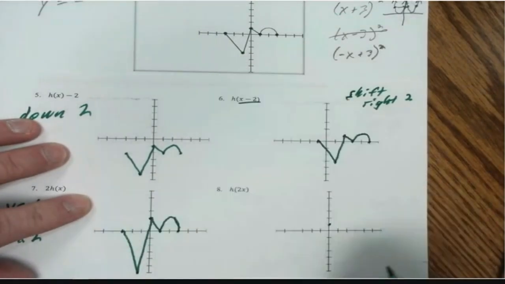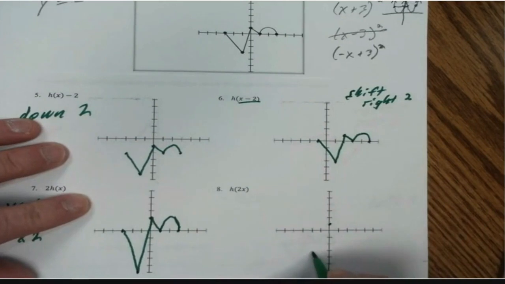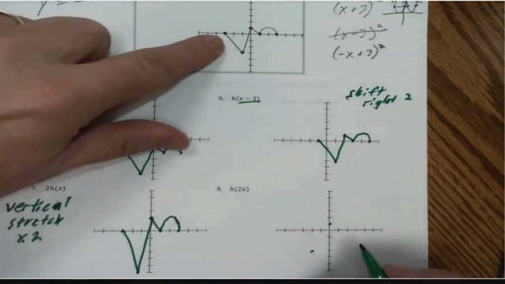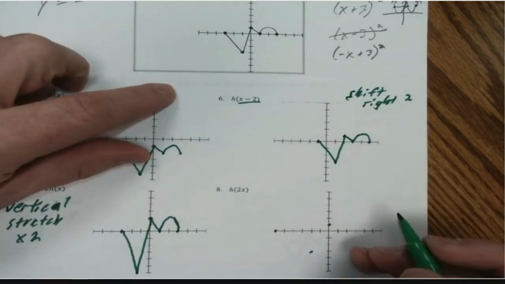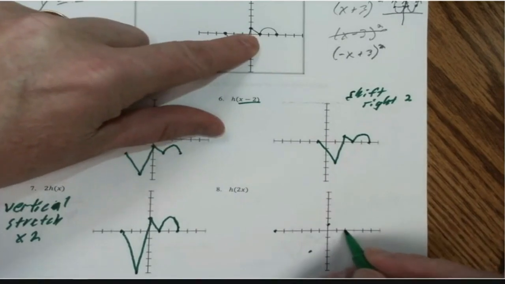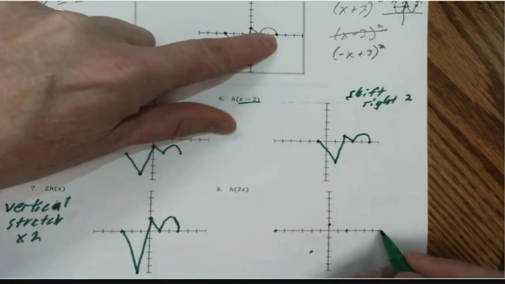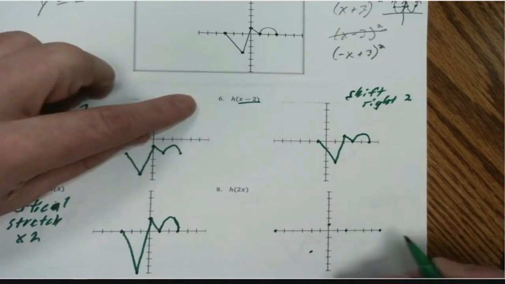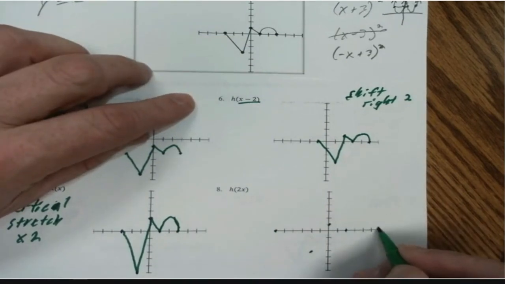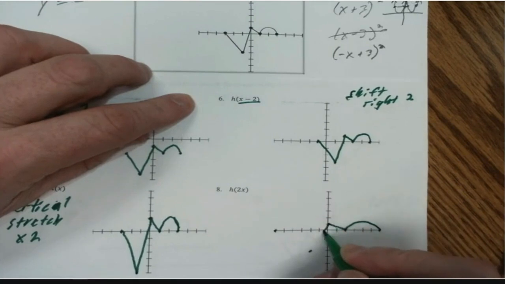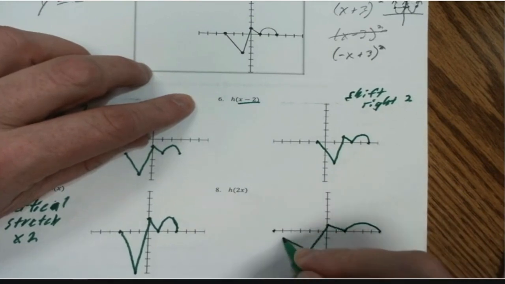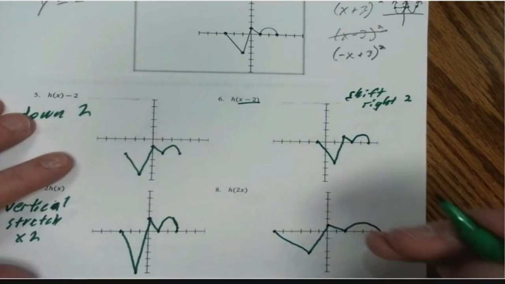The x is -1, so it's going to move over to -2. This is at -3. It's going to move to -6. That one's at 1, it moves over to 2. That one's at 3, it moves over to 6. So it's not any taller than the original. It's just horizontally stretched.